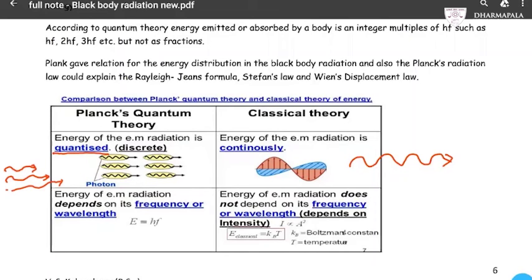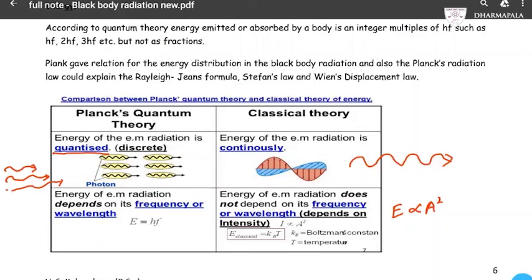And the second one: in classical theory, the energy of an EM wave does not depend on frequency or wavelength. In waves, if you can remember, we mentioned energy is proportional to amplitude squared, A squared.